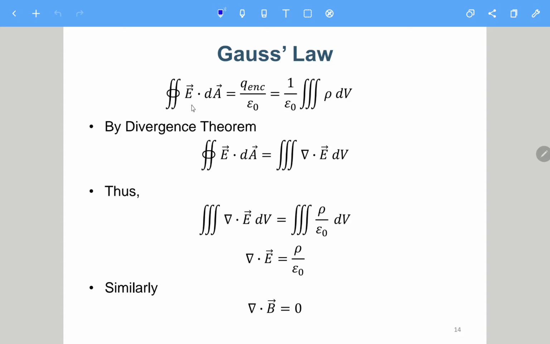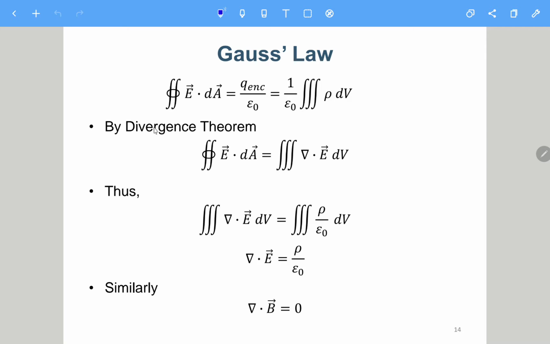As I mentioned last time, we don't rewrite Q enclosed as it is. Rather, we write it as a triple integral of rho, the charge density, integrated over the volume. Then this is the total charge. Of course, this volume is enclosed by the Gaussian surface. So Q enclosed is written like this.